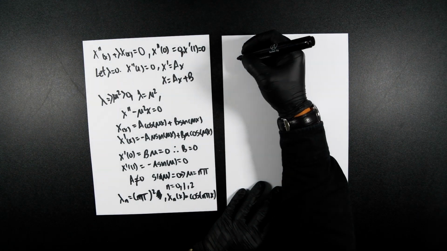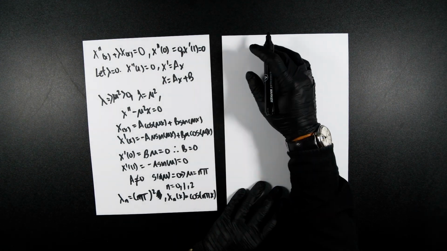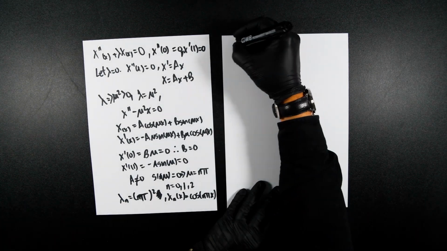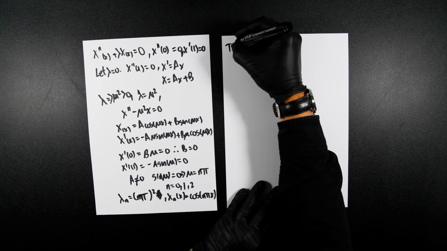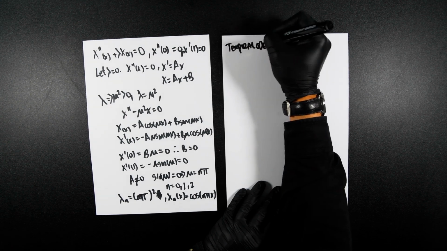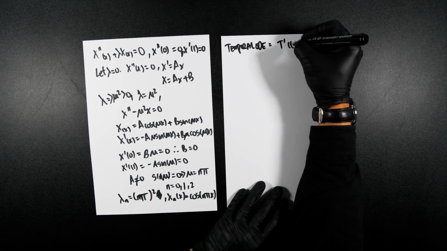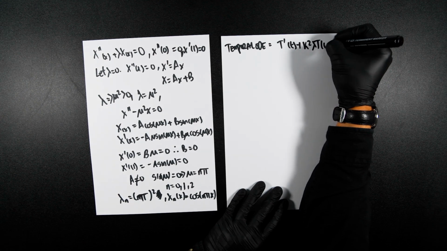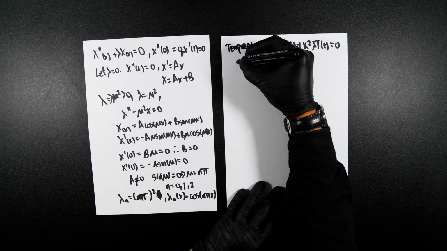So we want to solve the temporal ordinary differential equation, because we've had the x side, we haven't had the t side. So the temporal ODE is T' of t plus k squared lambda T of t equals 0.